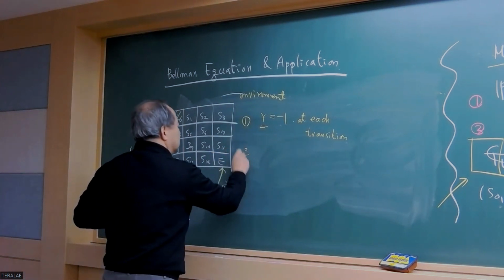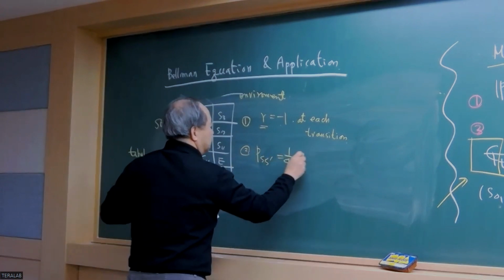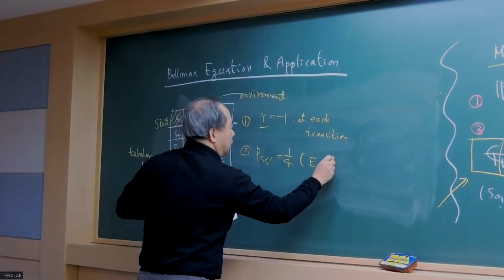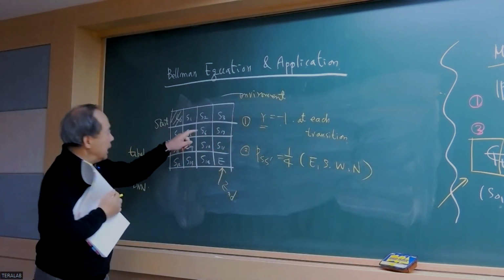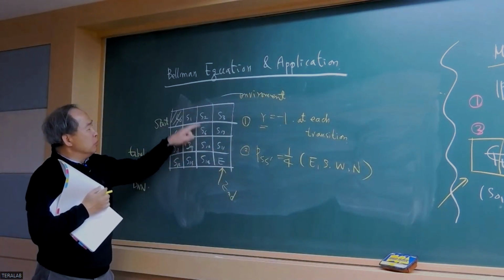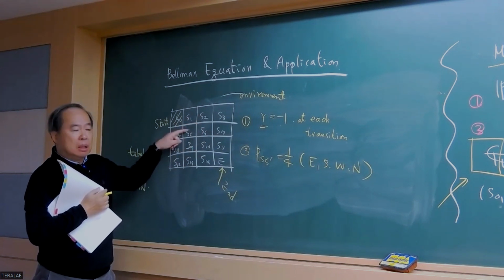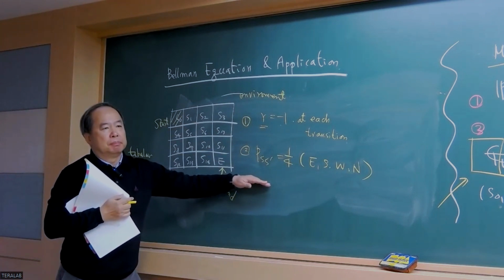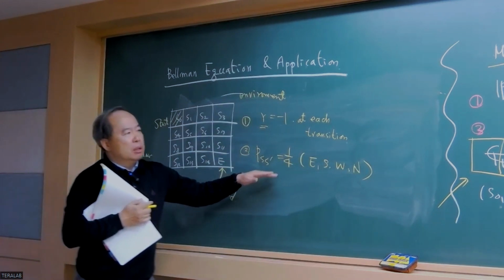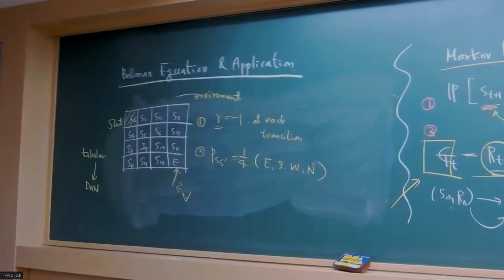And the second one is probability: east, south, west, north. When we are at S6, we can move up, east, north, south, and west. We assume that it's a uniform action distribution. Here I said that we don't know what the policy function is.